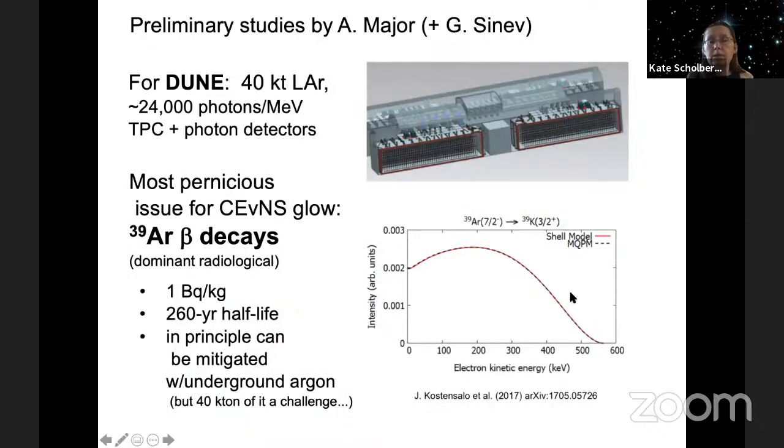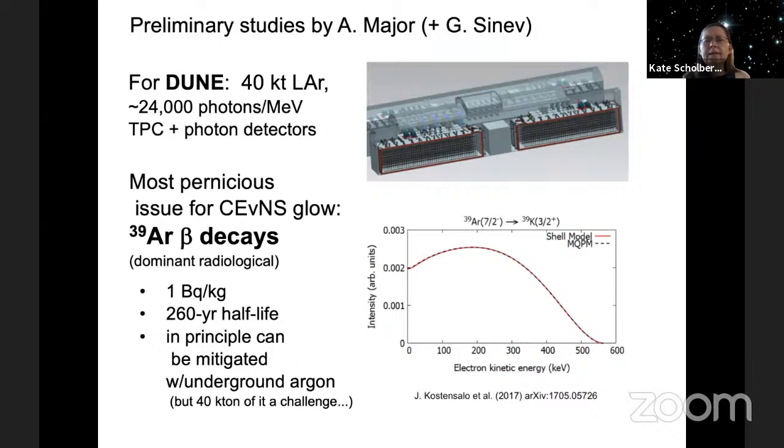The problem with this is that there's background that comes from argon-39, which is produced by cosmic rays in argon, in atmospheric argon. So the detector will be filled with argon that comes from the atmosphere. And that's full of stuff that comes from cosmic rays hitting the atmosphere.